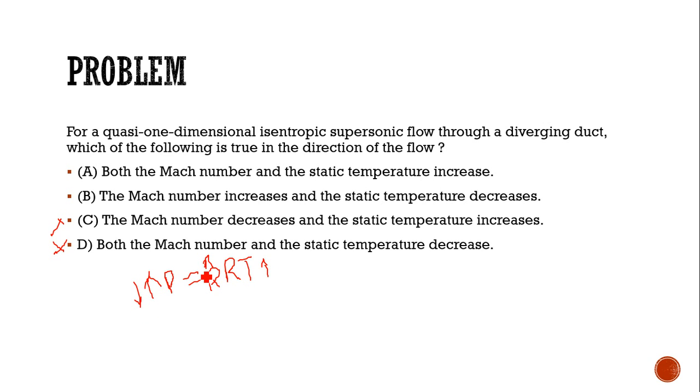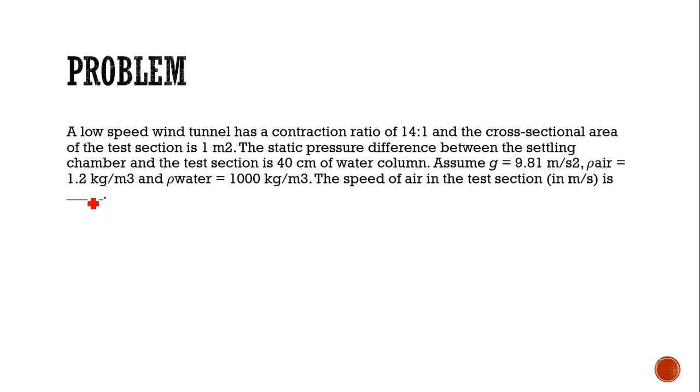If pressure decreases, density will decrease and temperature will also decrease. So if Mach number is increasing, pressure will decrease, and pressure decreasing means static temperature will also decrease. So the correct answer is B. A is wrong. The correct answer is B.